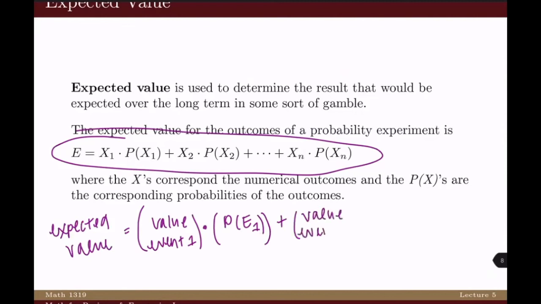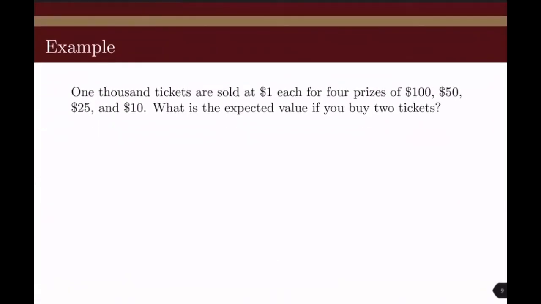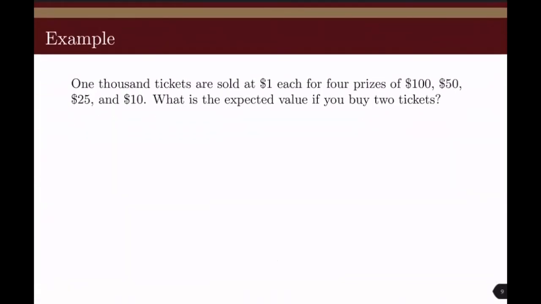So value of event 2 times probability of event 2, et cetera, depending on how many events you have. So the x's correspond to the value of that event, the numerical outcome, and the p of x's are still the probabilities. Let's do an example where we need to compute the expected value.